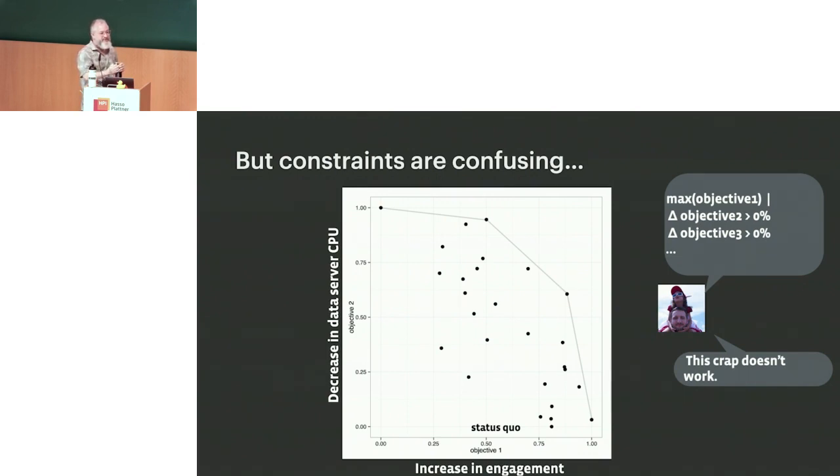Like, if we say the guardrail is that this metric has to be above a 0% change, that means that we have to improve that metric in a statistically significant way, at least depending on what your cost function is, or your penalty term in your constrained expected improvement. And so when people try this, it gives them results that they don't like.